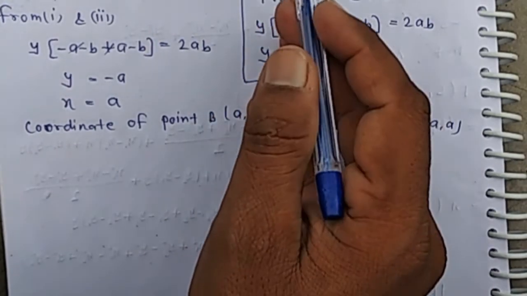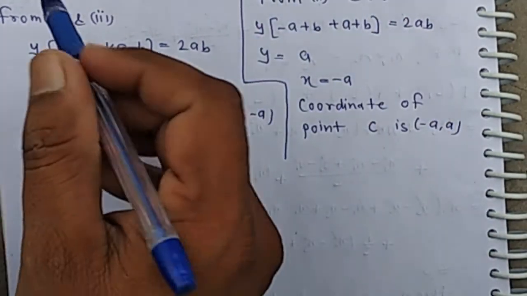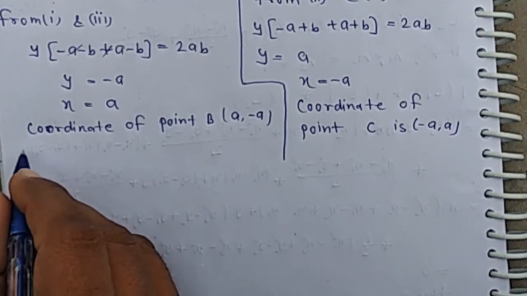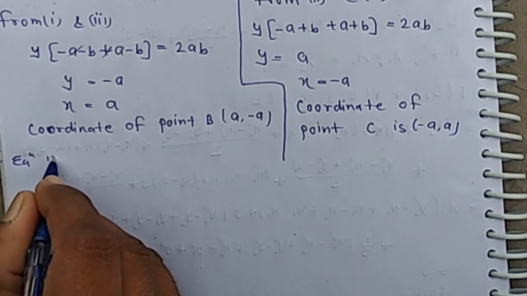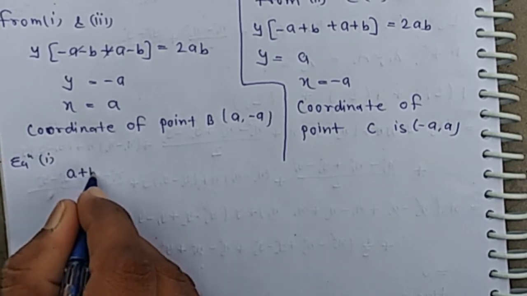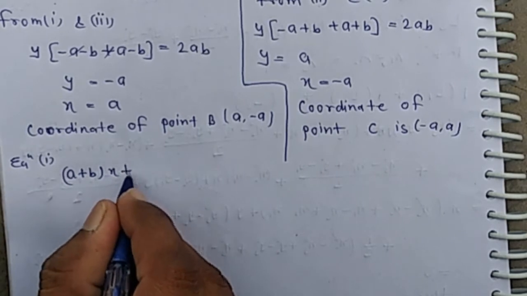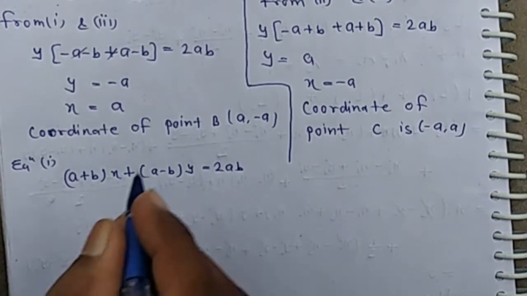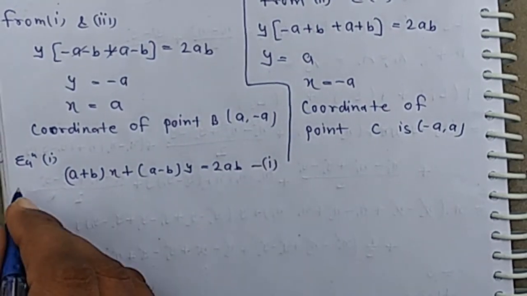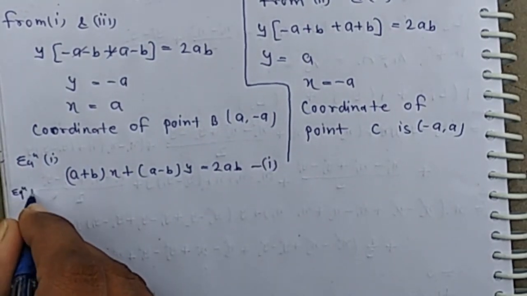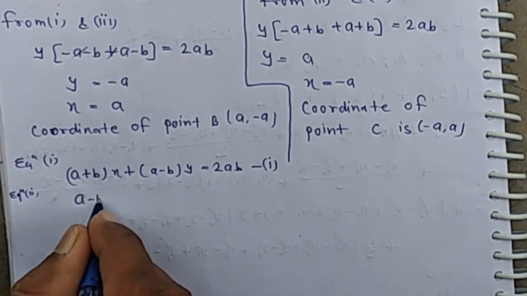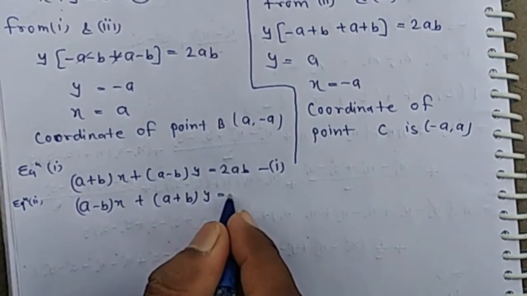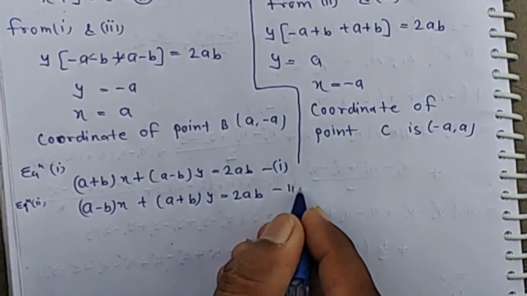Now for the coordinates of point A we have to solve both these equations. Equation 1: (a plus b)x plus (a minus b)y equal to ab, that is equation 1, and (a minus b)x plus (a plus b)y equal to ab, that is equation 2.